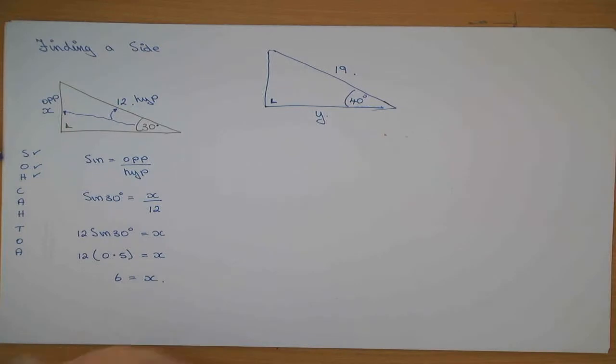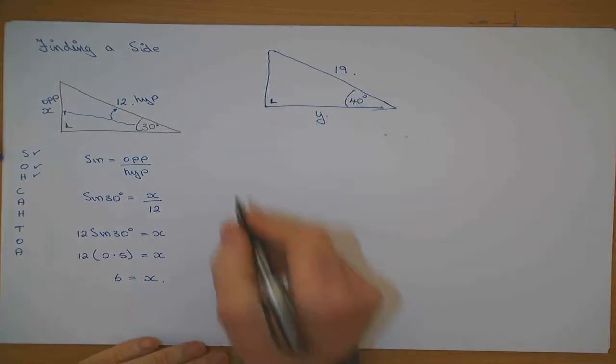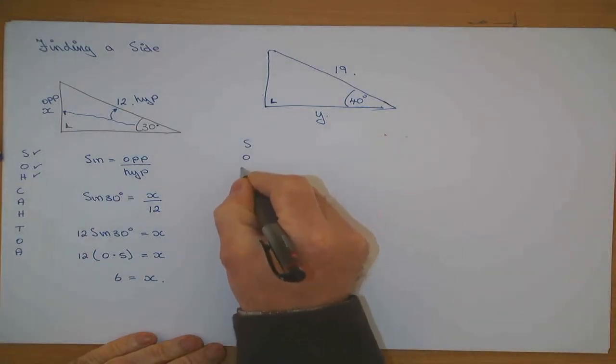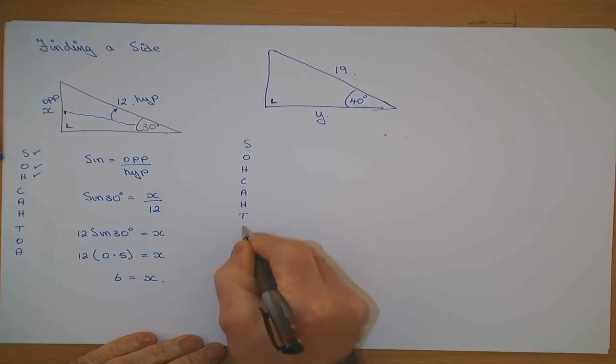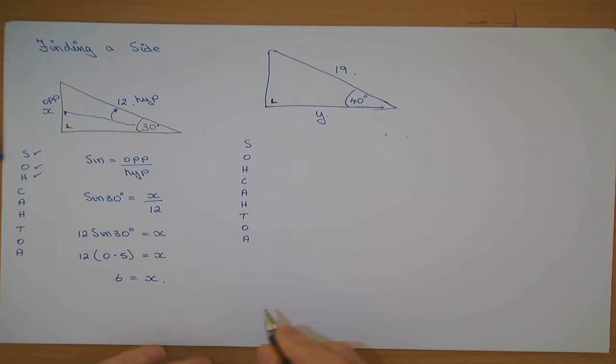Do you understand that? Why not? I've only one side. So Pythagoras' theorem requires two sides. So if it's not Pythagoras' theorem, how do you solve it? SOH CAH TOA. Now, anytime you use SOH CAH TOA, you must decide, do you use the sine, the cos, or the tan?